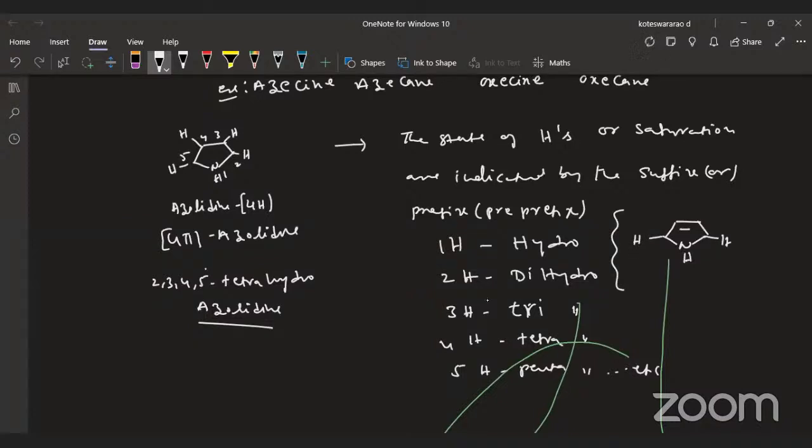Yes, whenever we give the numbers 1, 2, 3, dihydro pyrrole, the common name azole can also be used. Like this, we are going to give the nomenclature or name.